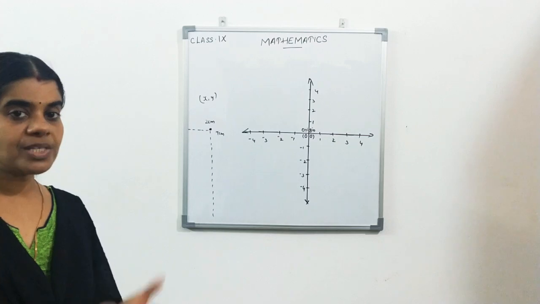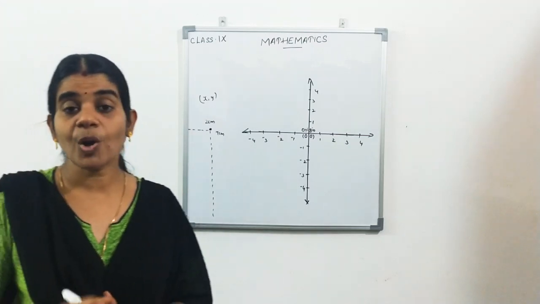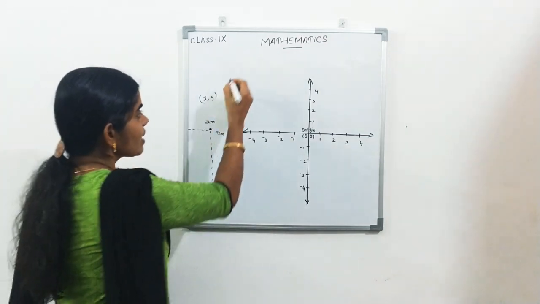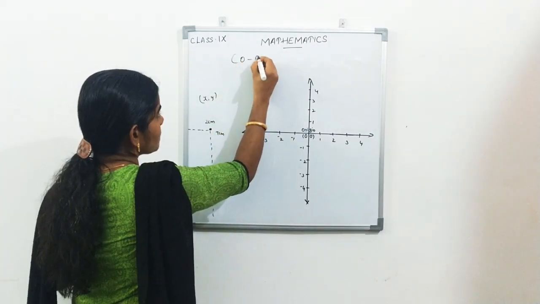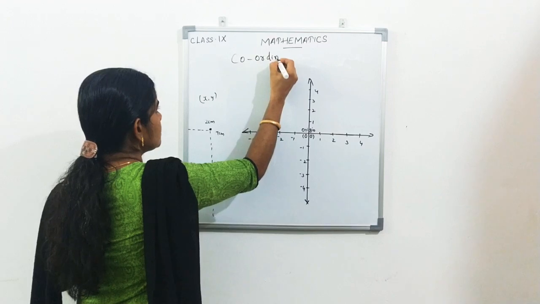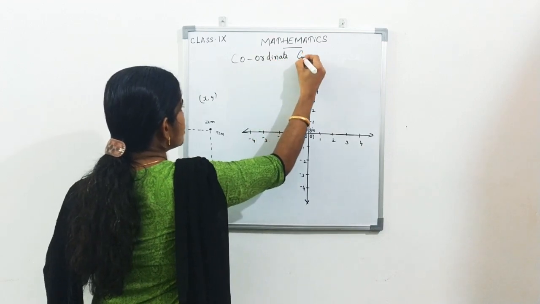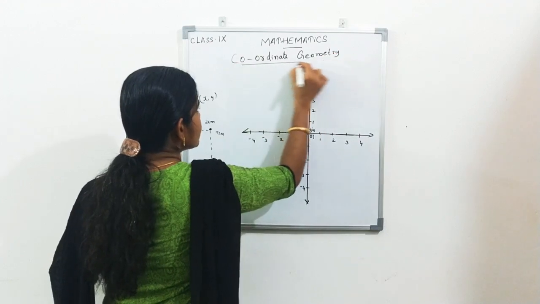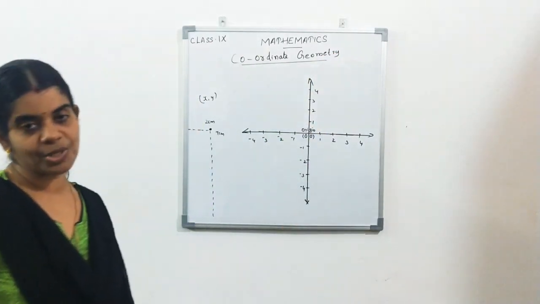This location of the position of an object is all discussed by a branch of mathematics known as coordinate geometry. So today's lesson is coordinate geometry.